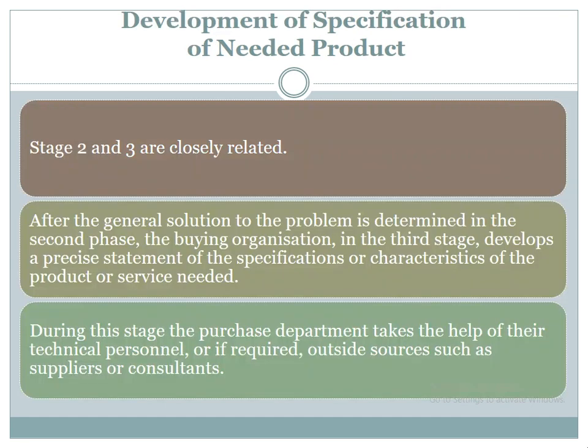Next is development of specification of the needed product. So stages 2 and 3 are closely related. So this is stage number 3. After the general solution to the problem is determined in the second phase, the buying organization in the third phase develops a precise statement of the specifications or characteristics of the product or service needed.